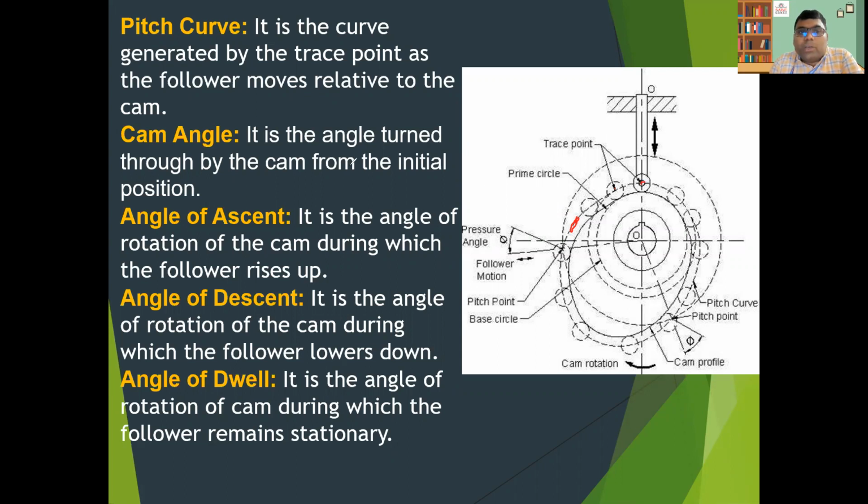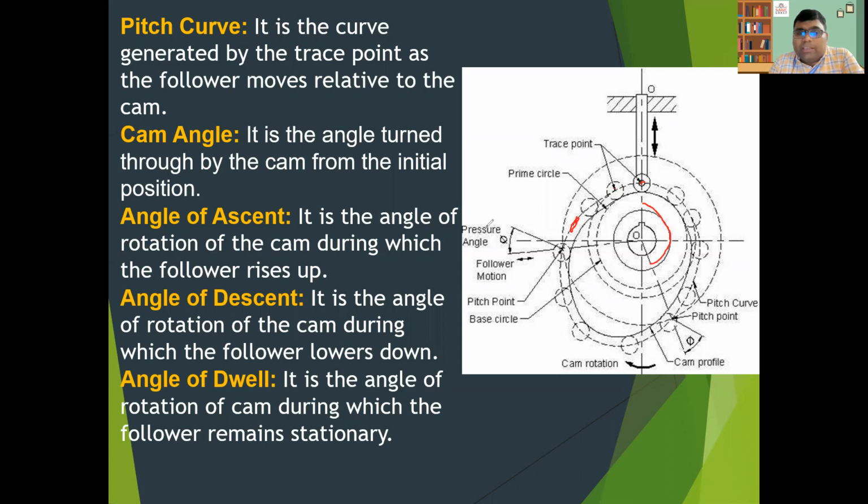Next, the cam angle. It is the angle turned by the cam from the initial position. You can see the initial position where the cam was here, and when it reaches another location, the angle it has turned through is called the cam angle.